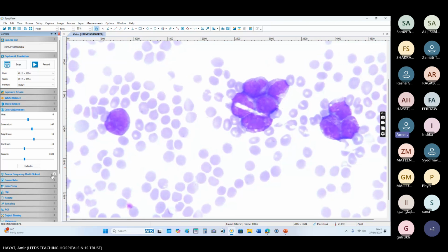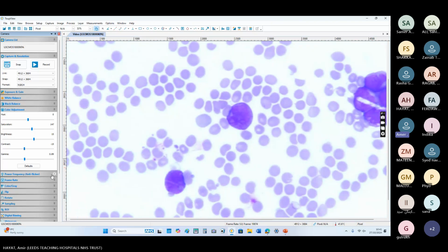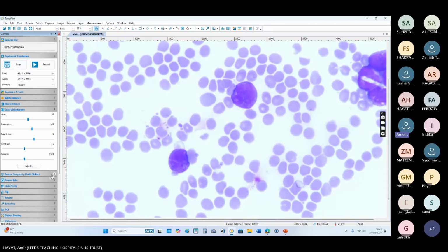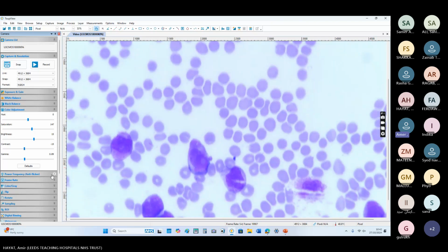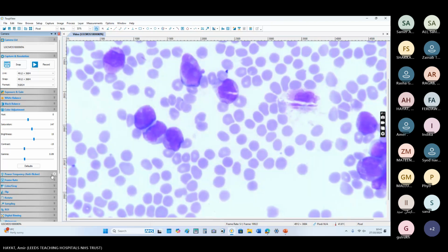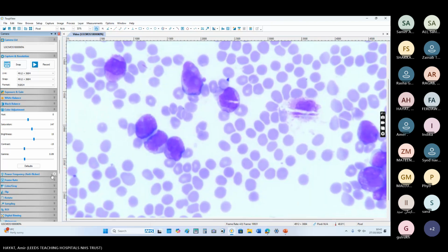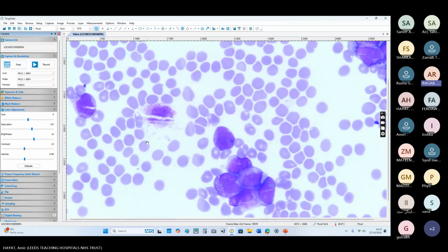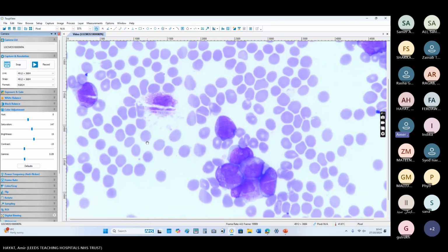And you can see the aspirate is full of myeloid lineage, large promyelocytes. They are hypergranular. Some of them are bilobed. And there are a few with Auer rods as well.